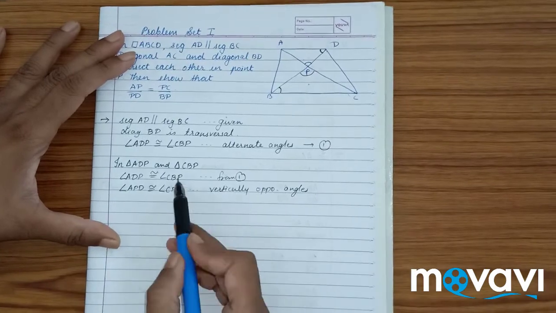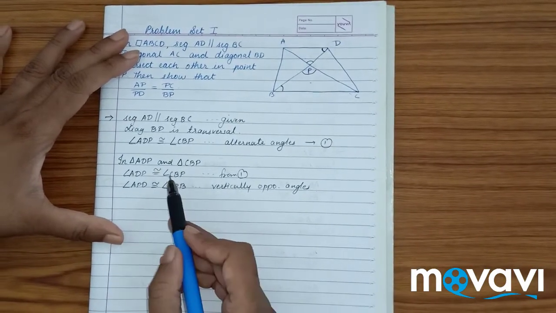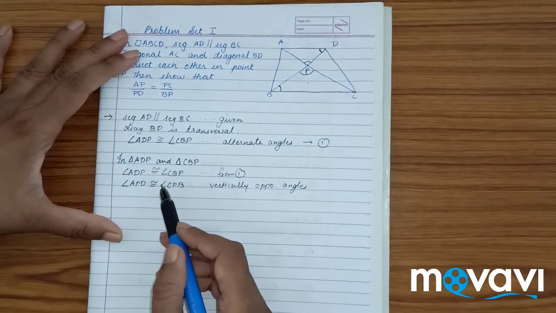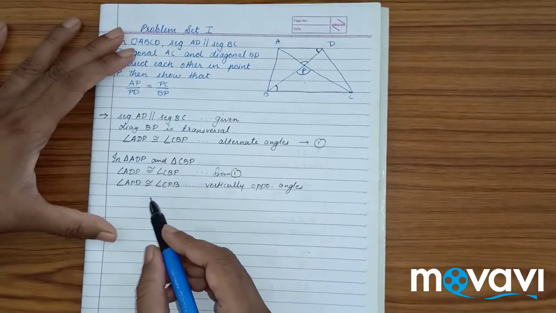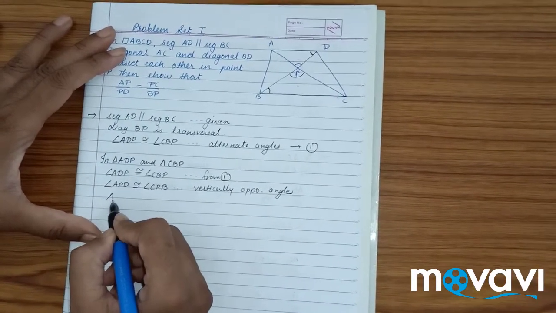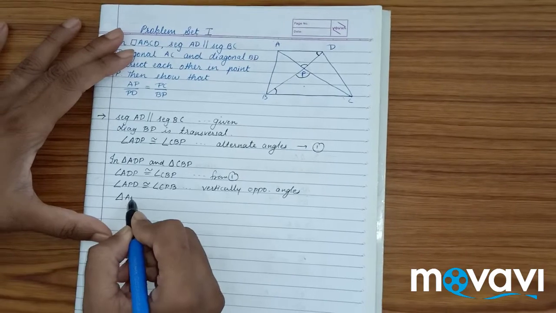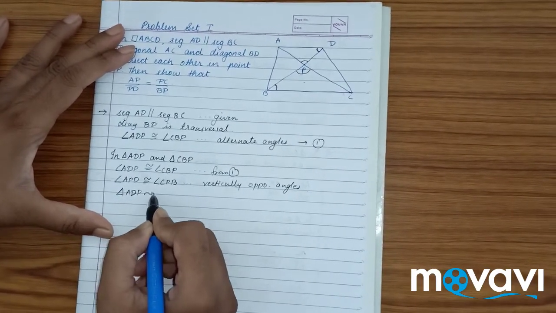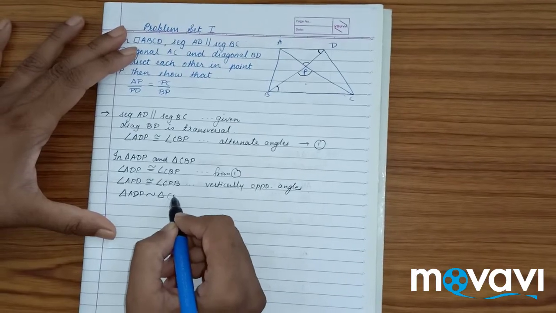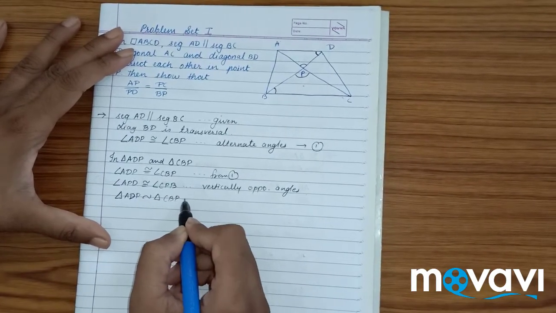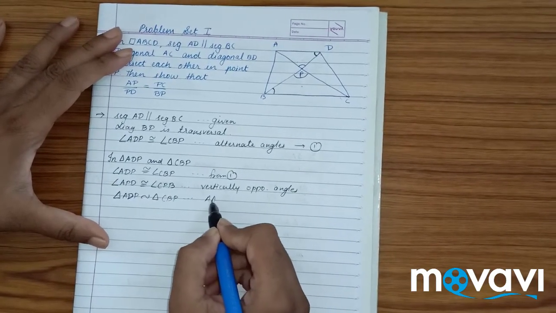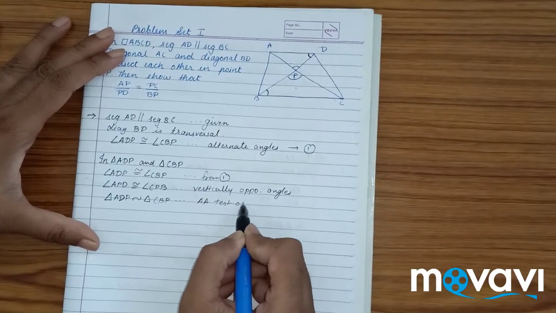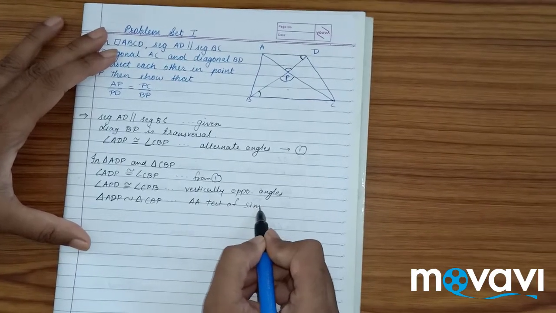Okay, so we have got a pair of angles to be congruent, right? So therefore we can directly write that triangle ADP is similar to triangle CBP by AA test of similarity.